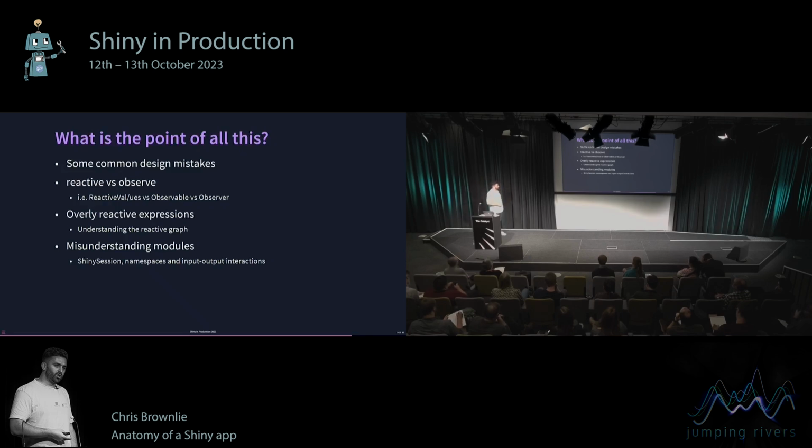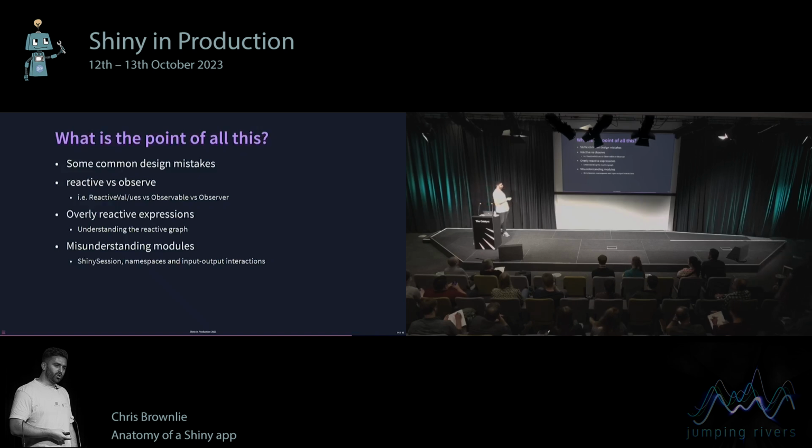The second point is very related to the first: trying to reduce the amount of reactivity that's happening. A better way to word that would be that overly chatty expressions, or expressions which run too often, are a common source of Shiny apps slowing down and not being very efficient.